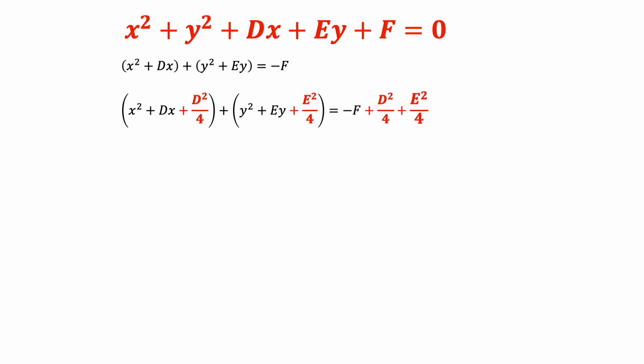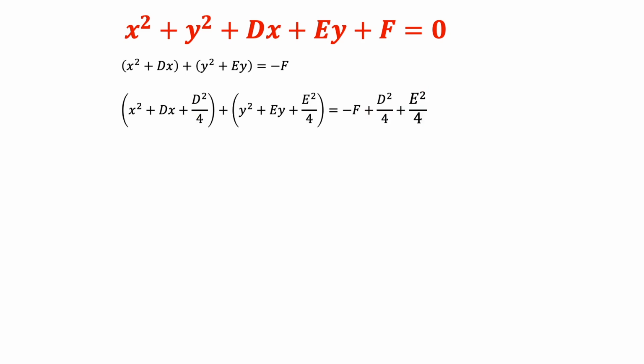Now, I have quantity x squared plus dx plus d squared over 4 plus quantity y squared plus ey plus e squared over 4 equals negative f plus d squared over 4 plus e squared over 4.